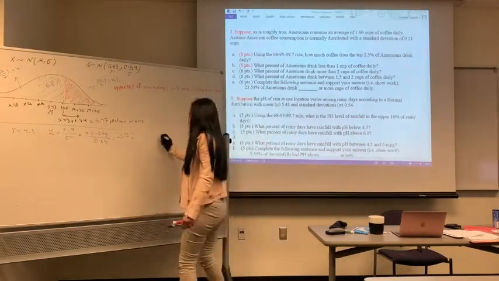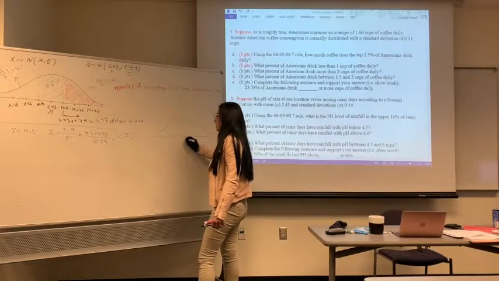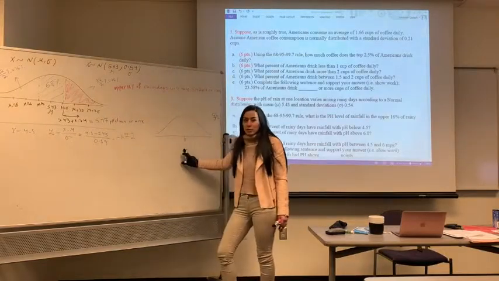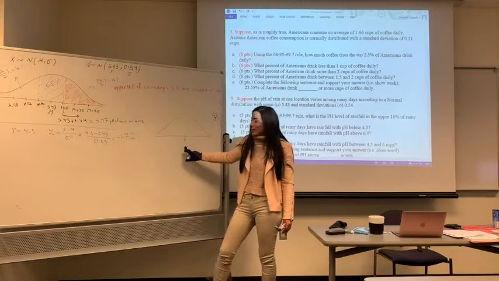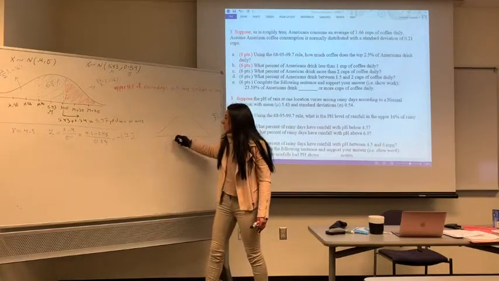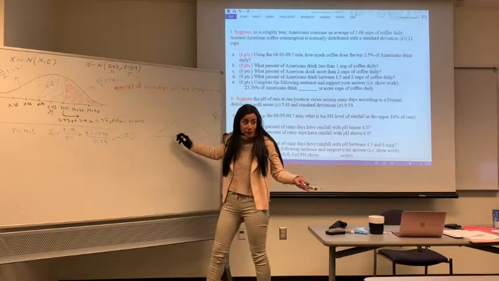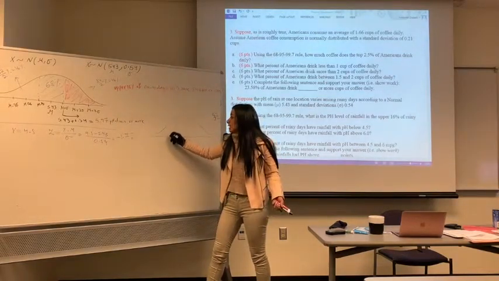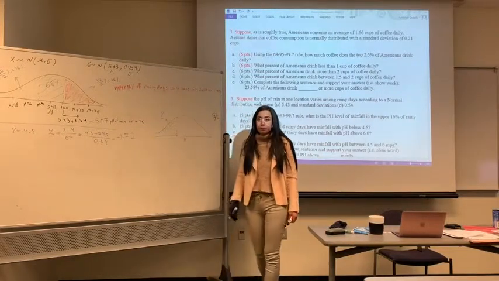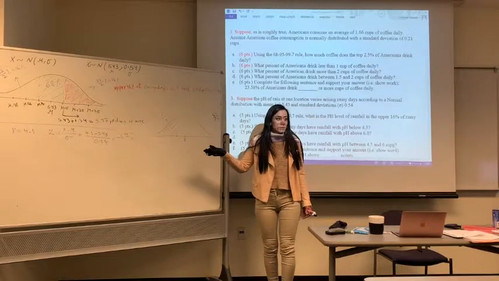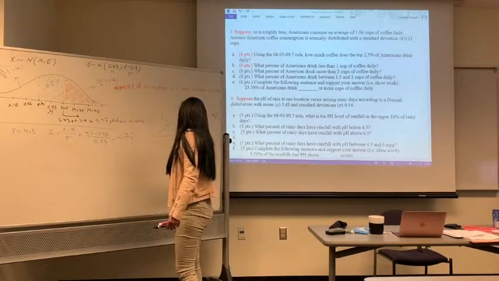So let me draw a normal distribution to show you approximately what the area is. This is a standardized normal distribution and 0 is in the middle, right? So negative 1.7 is somewhere around here, approximately. And it says less than, so I'm going to shade this area and say I need this area. Do you understand this? Okay. Negative 1.72.